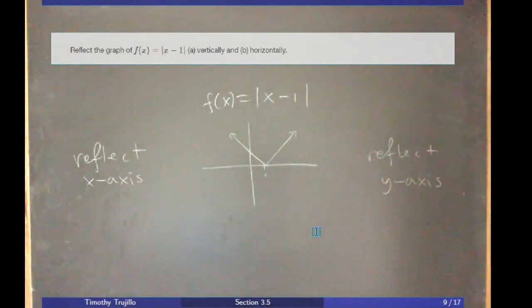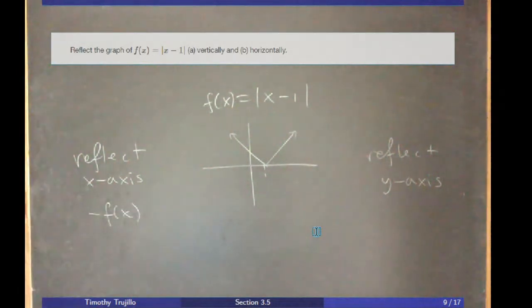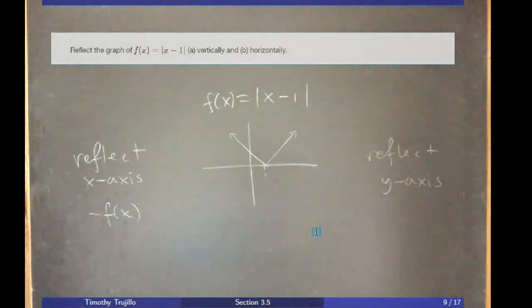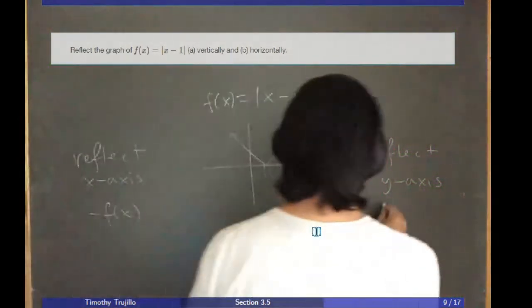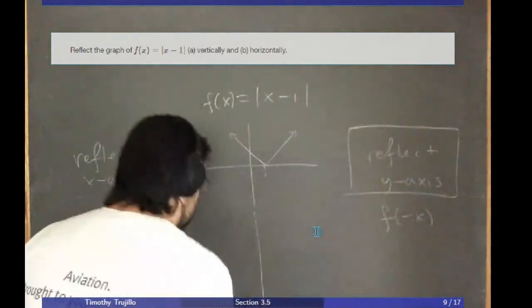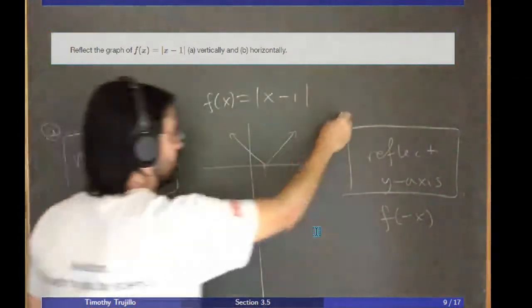If we want to reflect across the x-axis, we replace y with negative y. So negative f of x. And if we want to reflect across the y-axis, we replace x with negative x. So we get f of negative x. Okay. So these are two separate problems. This was part A, and this was part B.